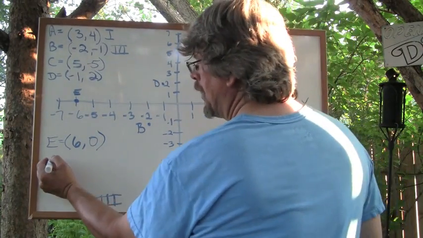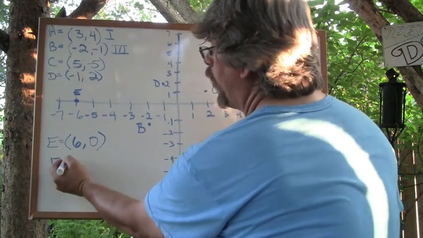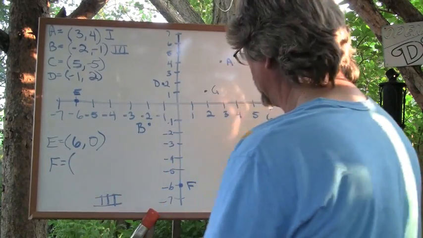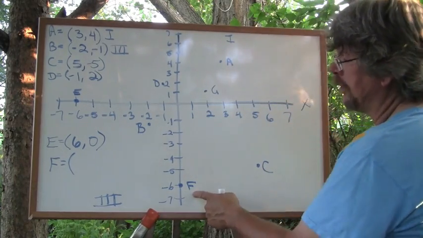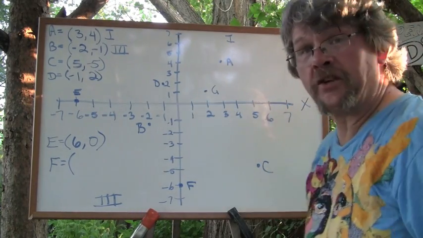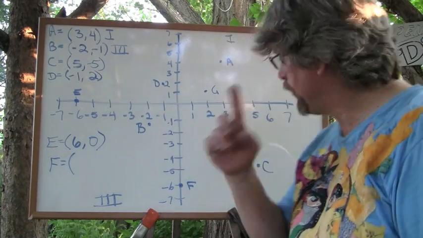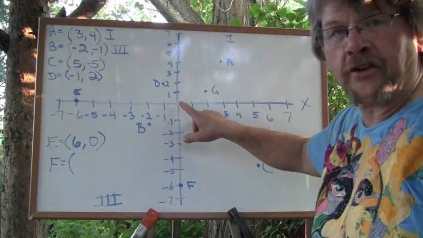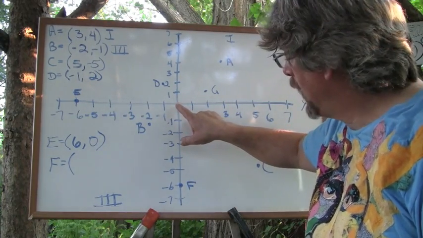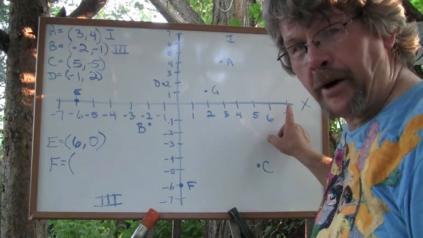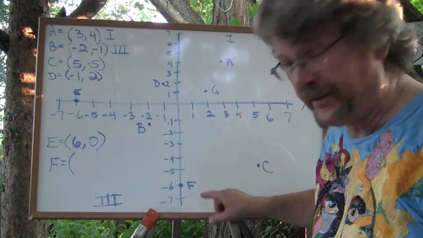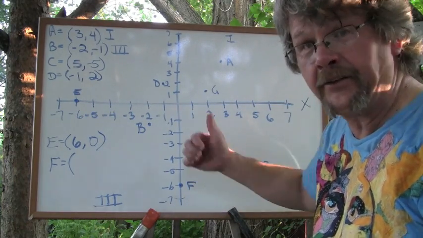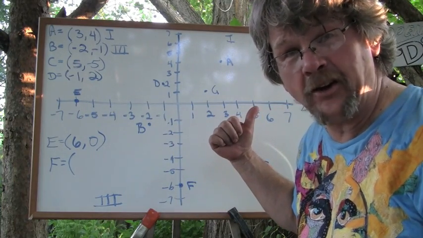Right? Then we do F. What are the coordinates of F? We look around here. F is down here. We begin by counting. We start with the x number. We're on the origin. Are we going to go to the right and into positive x territory? No, because this is on the y-axis. It's right there on the axis. So you're not going to count to the right, you'll miss it.